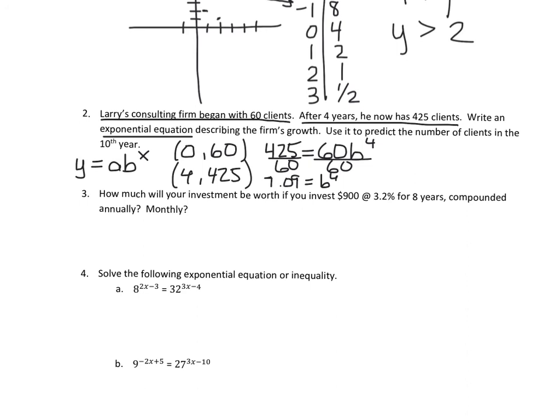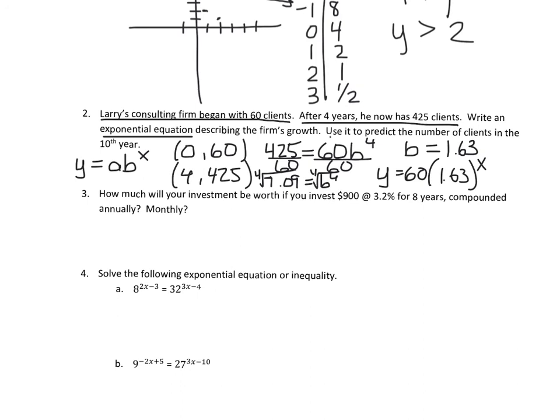You should check that. And then you're going to take the 4th root of both sides to find b. And the 4th root of 7.083 repeating is 1.63. So therefore the equation would be 60 times 1.63 to the x power.